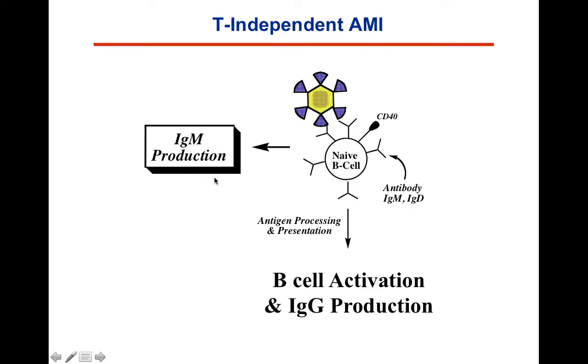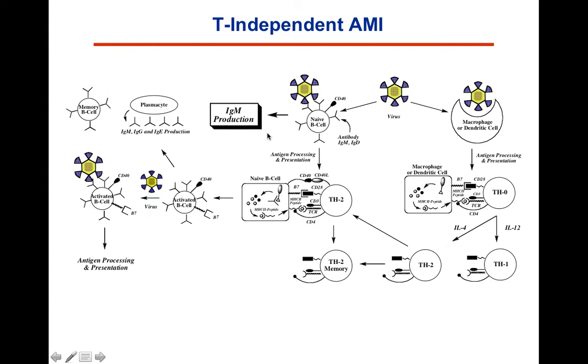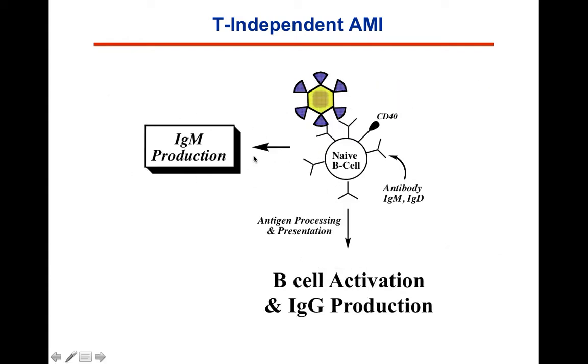You'll start seeing IgM being produced directly from the B cell. And then, if it's a virus, it's going to be small enough, even though it has a number of repeating subunits, to undergo internalization and antigen processing.